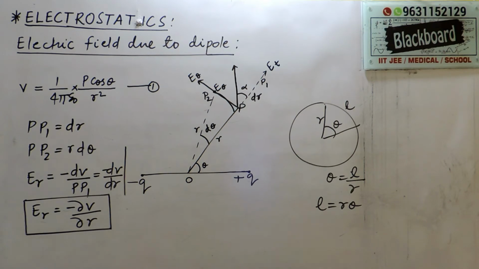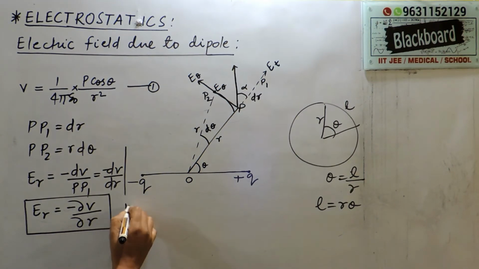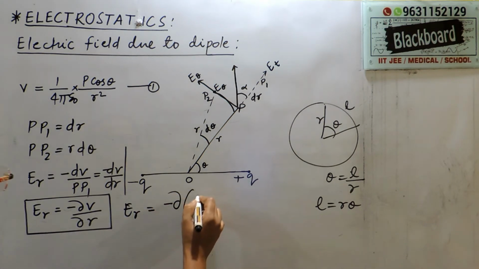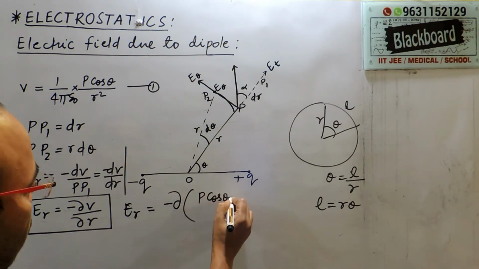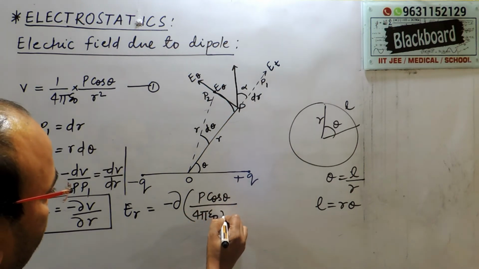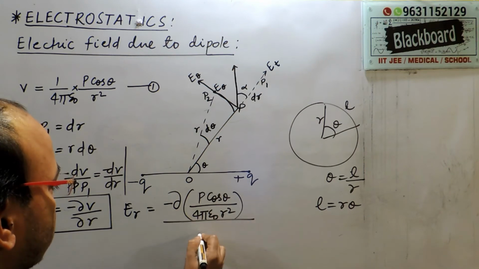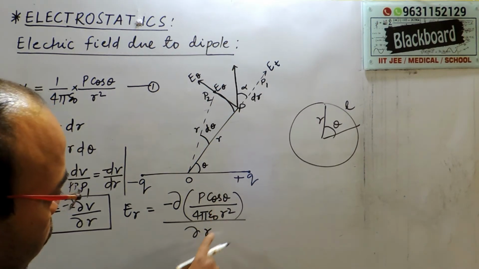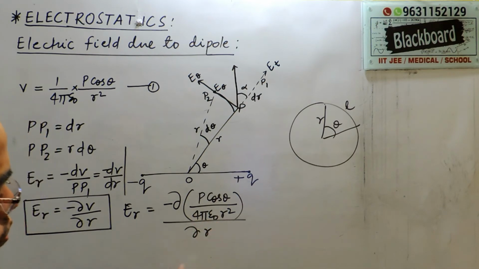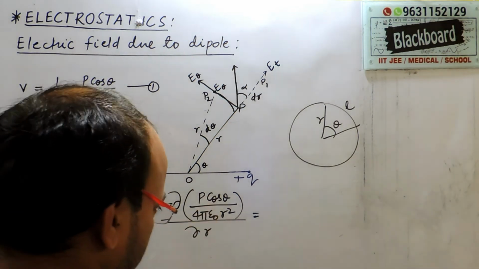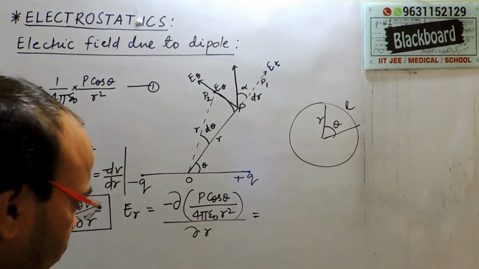Using this expression you will get E_r equals minus del by del r of P cos theta by 4 pi epsilon naught r square. Here theta is constant, P is constant, and 4 pi epsilon naught is constant.